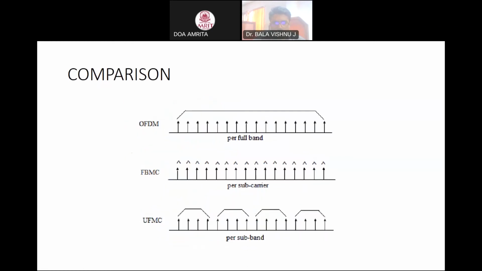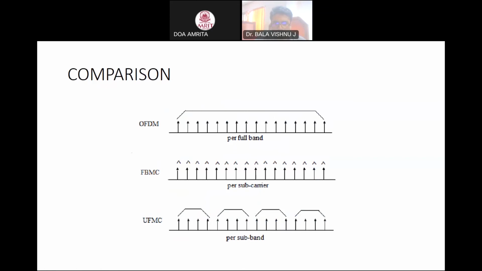And this is the comparison made with respect to OFDM, FBMC, and UFMC. The sharp lines with an arrow indicate the subcarriers. For all the subcarriers in OFDM, we have the problems. In FBMC, we filter each subcarrier and improve the performance, whereas the limitation is that the system complexity increases.